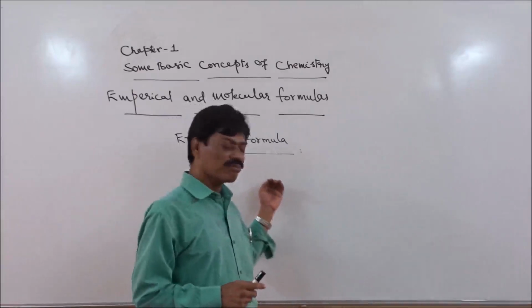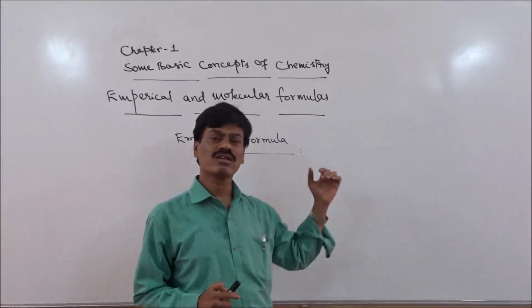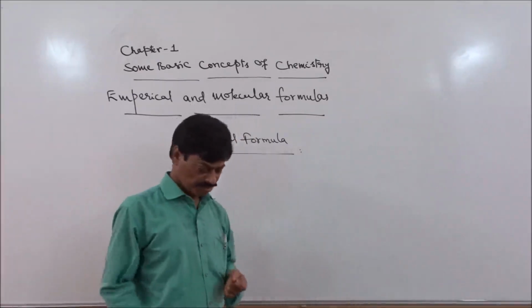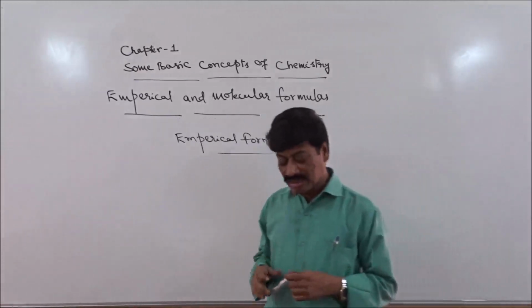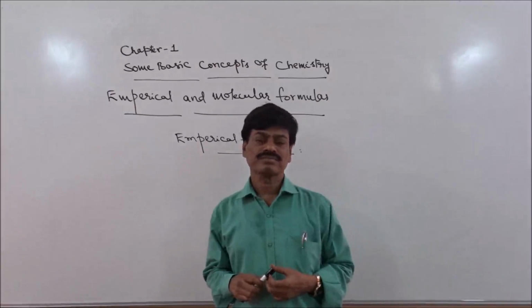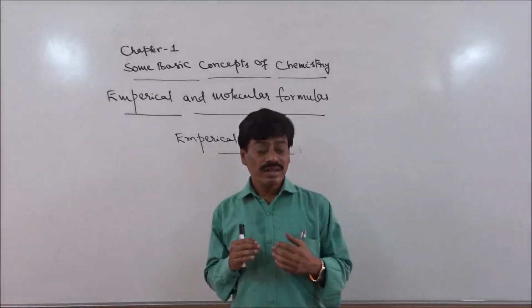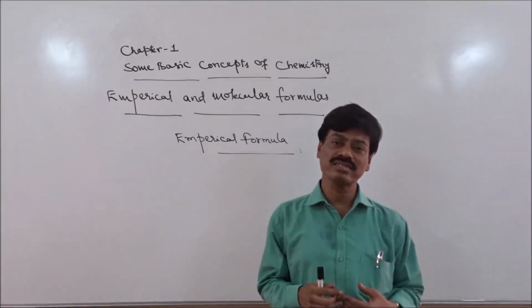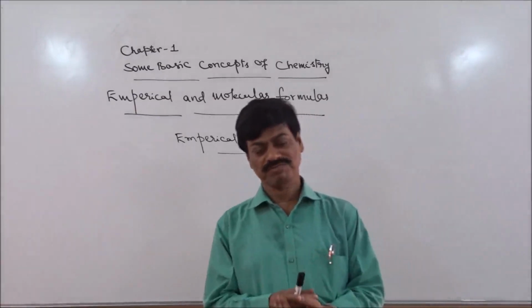Now what does empirical formula indicate and how does it differ from molecular formula? Let us see. Empirical formula stands for the simple whole number ratio of different atoms of the elements present in the given compound.